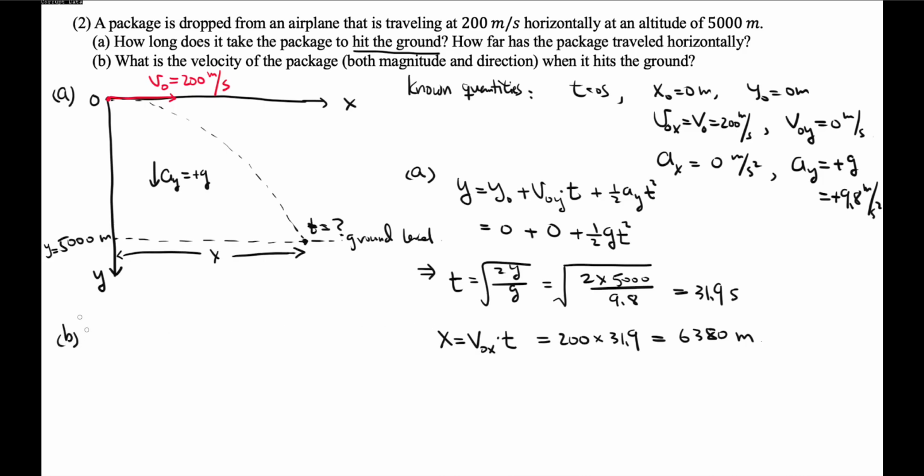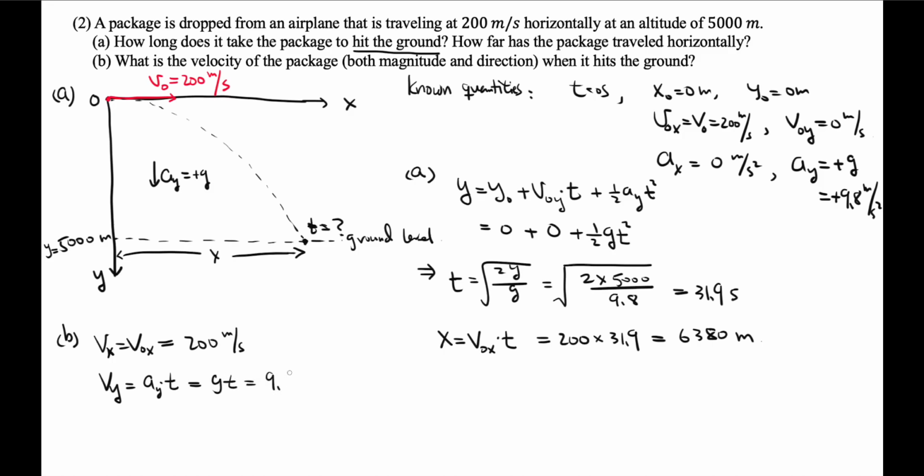Question B, what is the velocity of the package, both magnitude and direction, when it hits the ground? So we know the instant it hits the ground, Vx is still the original initial velocity. So it's still 200 meters per second. Now the y direction will be different. So you're going to get the acceleration ay times instant t, and it's actually gt.